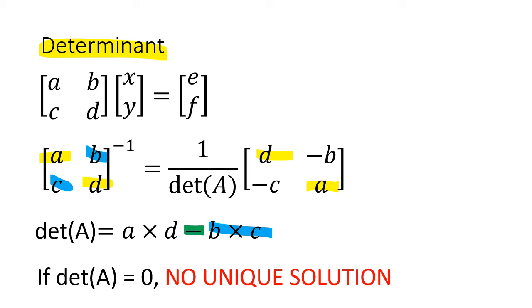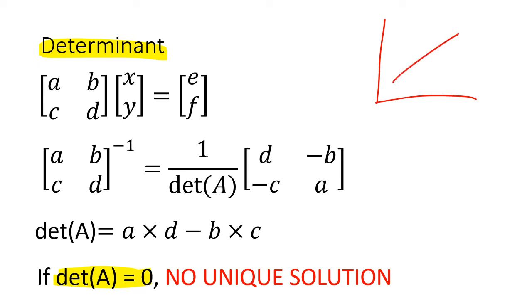Now, an important thing to note, because this comes up in lots of questions, and sometimes these questions are calculator proof. It's important to note that if det A equals 0, there is no unique solution. Let me explain that a bit more. Normally with simultaneous equations, there's one line going like this and another line going like this, and there's a point in the middle which is unique, which means there's only one answer.